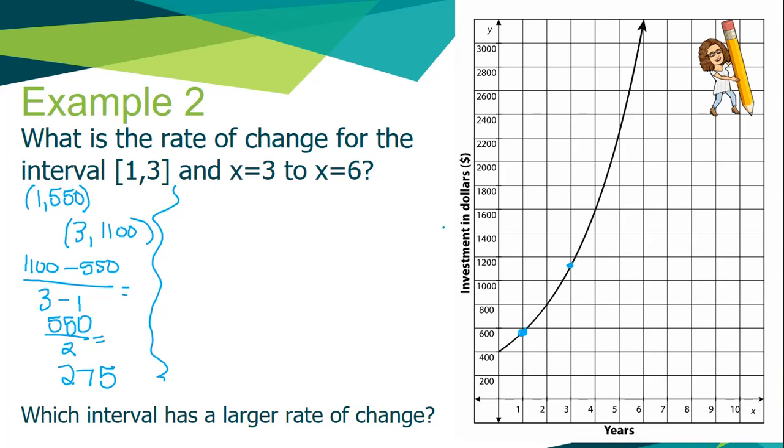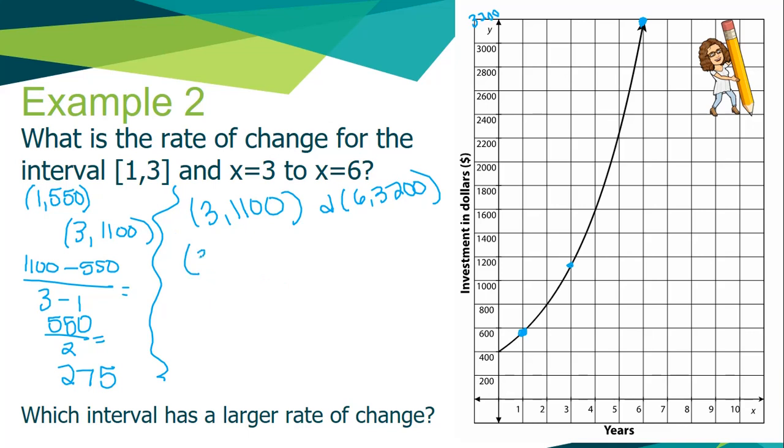Let's try 3 to 6 now. So 3, we said, was 3 comma 1100, and 6 right here. Looks like it ends up right there. We're counting by 2's, right? So this is 3200 up here. So 6 comma 3200.